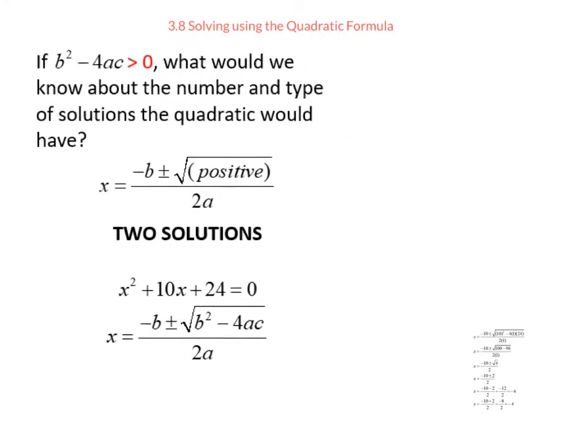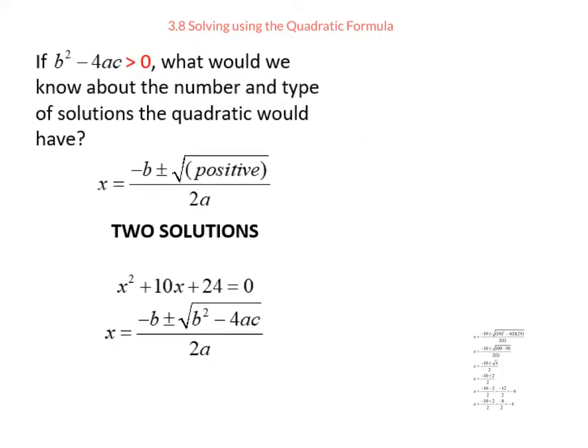The second situation is if we get a value for the discriminant that is greater than 0, a positive value. If the value within the discriminant is positive, there will be two solutions. Why? I think you know why. At some stage you're going to add a value, and at another stage you're going to subtract a value, and by doing so, you get two different answers.